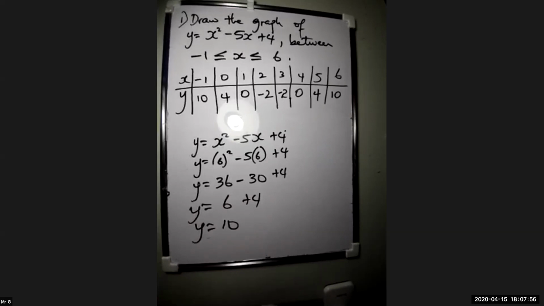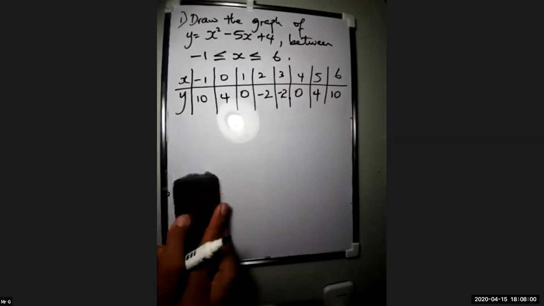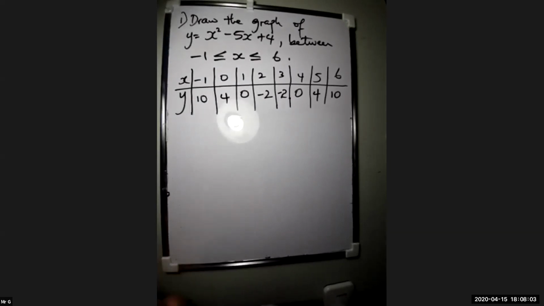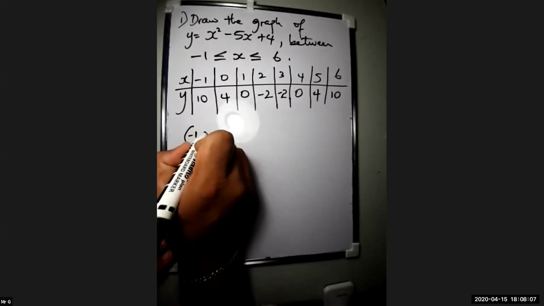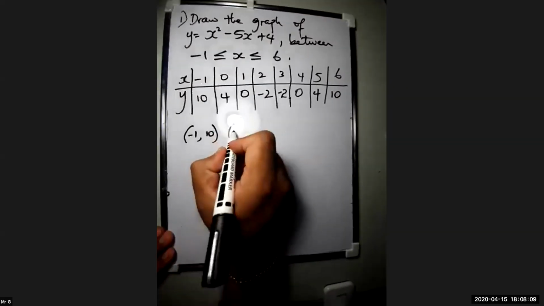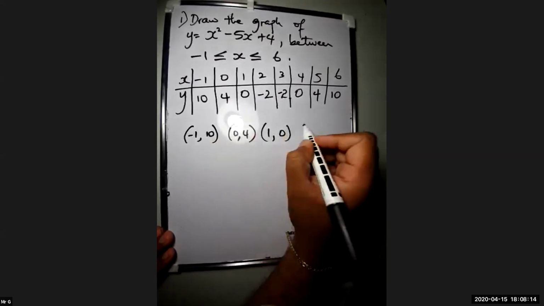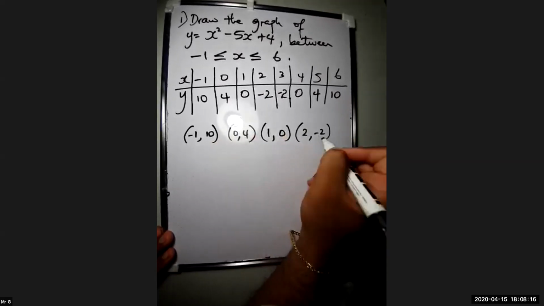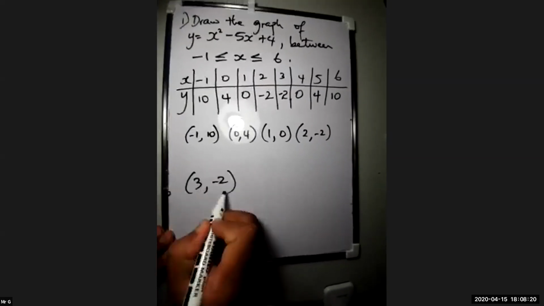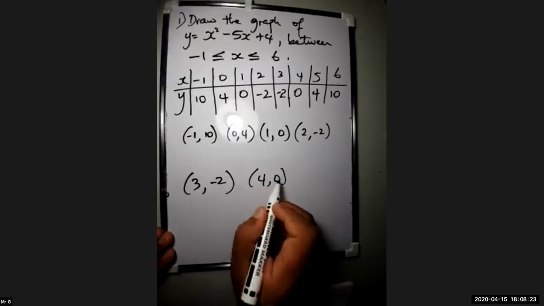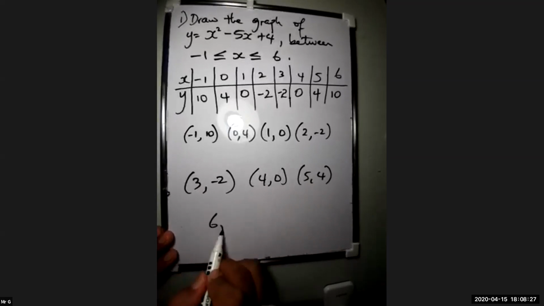So these are our respective values for x and y, right? Now, of course, if you want to pull out the coordinates and have it like this: -1, 10, 0, 4, 1, 0, 2, -2, 3, -2, 4, 0, 5, 4, and of course 6, 10.